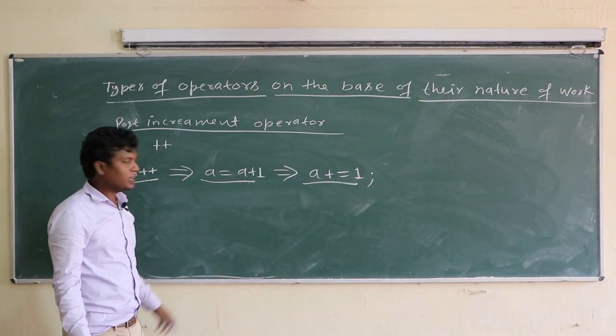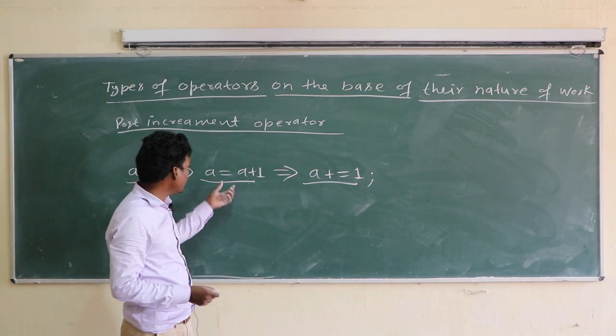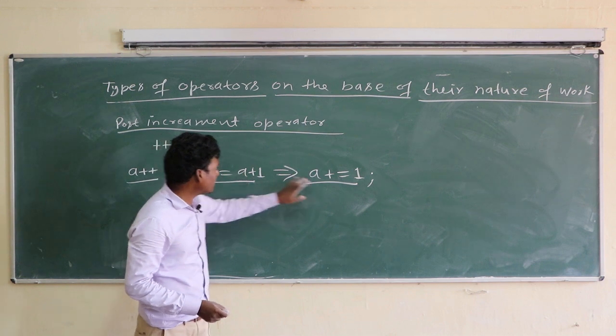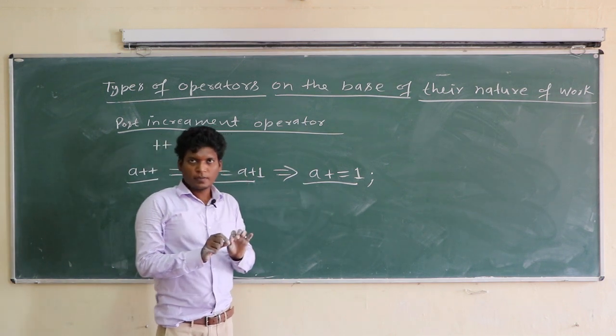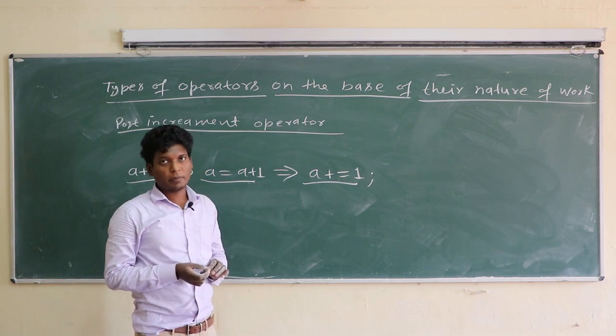So a plus plus, a equal to a plus 1, and a plus equal to 1. In pre-increment these two things are the same, and in post-increment and pre-increment these two things are the same. So by seeing these variants, you cannot differentiate between pre-increment and post-increment operation.